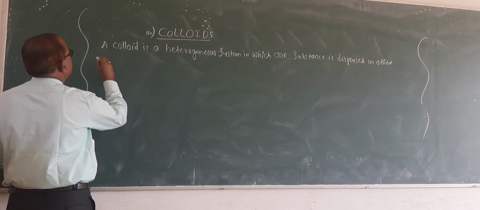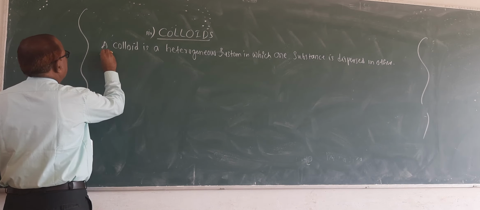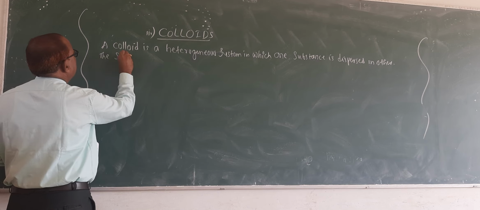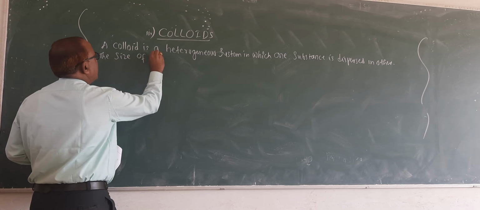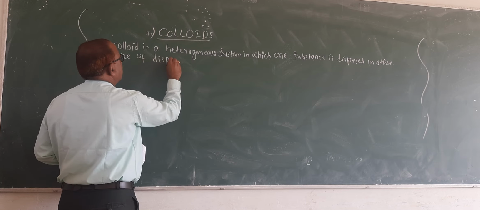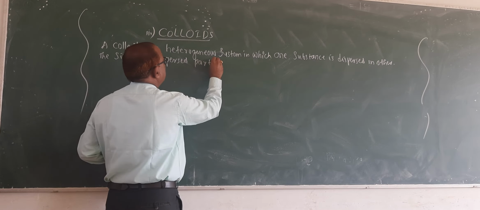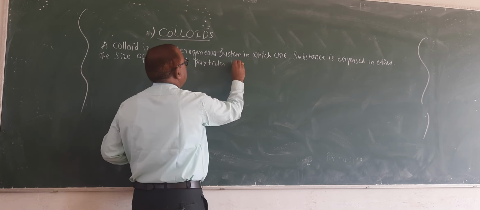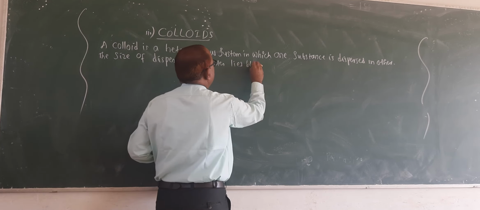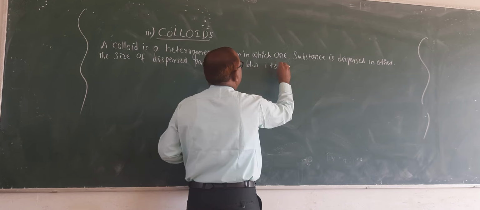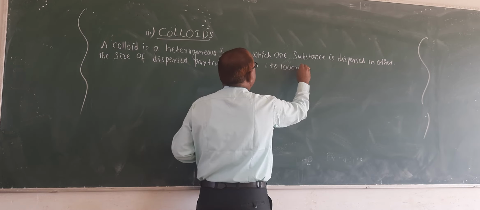on the particle size, in which the size of the dispersed particle lies between 1 to 1000 nanometers.